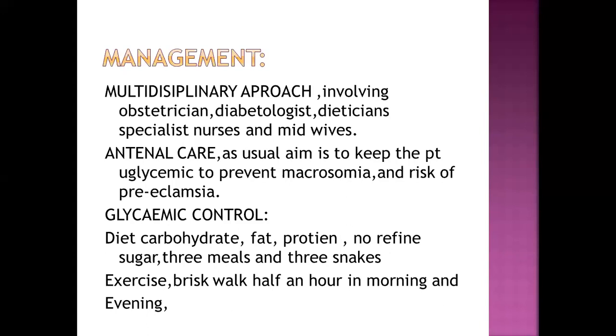So why do we ask the patient to take the carbohydrate, low fat? Because if we ask the patient not to take the carbohydrate, we cut off the carbohydrate, there may be more chances of ketonuria and ketoacidosis, which happens in starvation and is also common in diabetics. If we do not give carbohydrate to the patient, where will the glucose come from? That glucose will come from gluconeogenesis. You know that glucose can come from fat, and there may be chances of ketonuria and ketoacidosis.